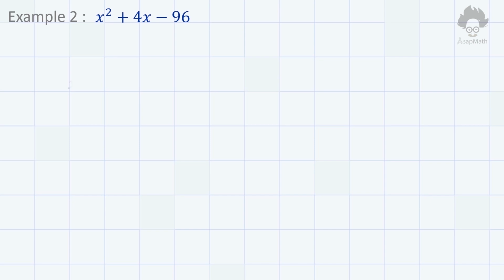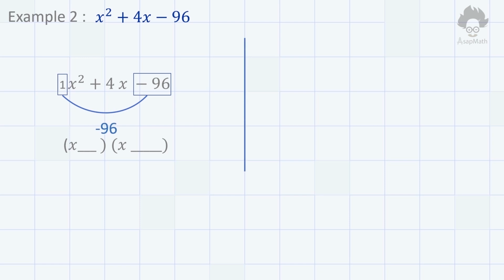Let's consider another example. First, we should take the multiplication of the coefficient of x squared and the constant term. Here it is minus 96. Then we should take the coefficient of the x term. It is plus 4. Now we have to find two factors of minus 96 such that the addition of the two factors is equal to plus 4.